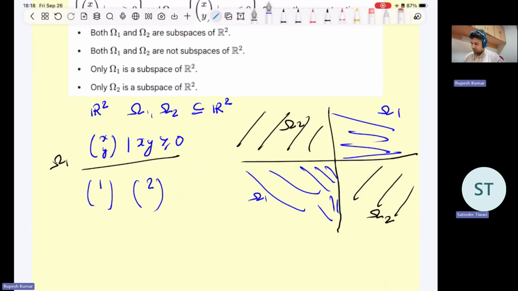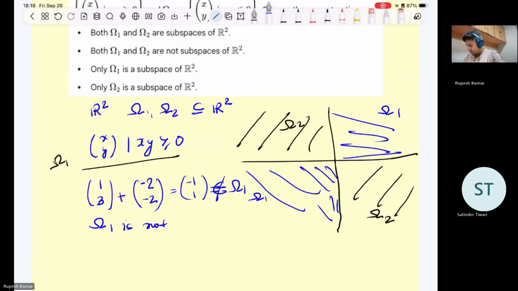No, let's take this only: one in the first quadrant and one in the third quadrant. If you add both, it will not lie in omega 1. Yes, you're right. So minus 2, minus 2. Let's take these two and add this up. You will get minus 1 comma 1, right? Now this does not belong to omega 1. So omega 1 is not a subspace.